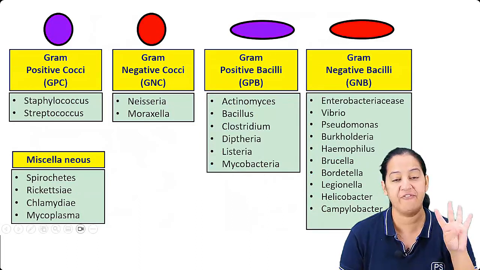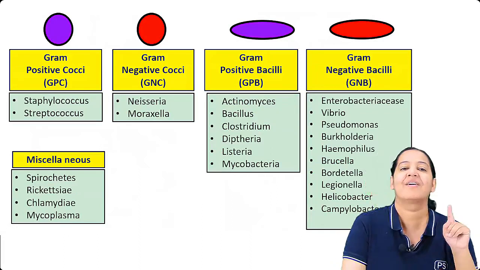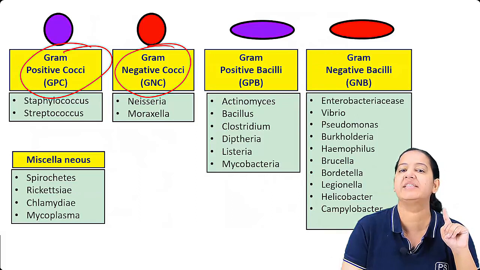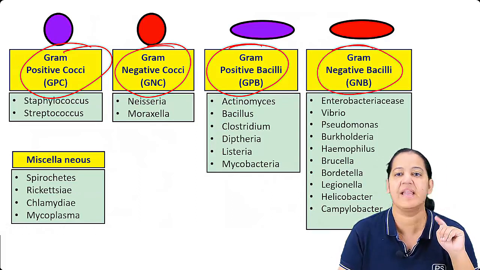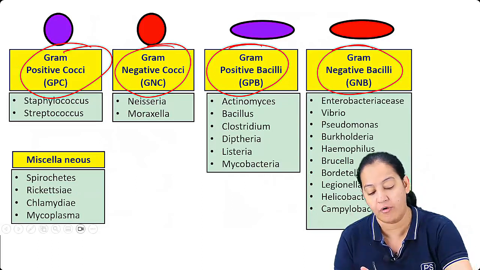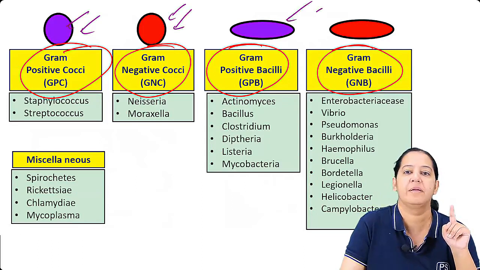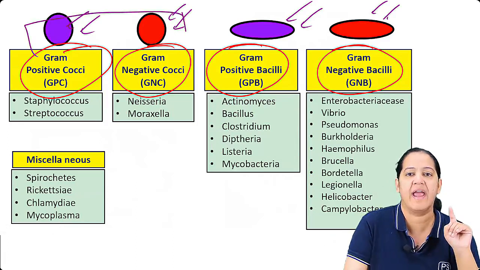What are the four classes of bacteria? Gram positive cocci GPC, gram negative cocci GNC, gram positive bacilli GPB, and gram negative bacilli GNB. I want all of you to see the color and shape. Yesterday also I taught the same. See the color and the shape, you will understand the name. Can you see these two are cocci and these two are bacilli?